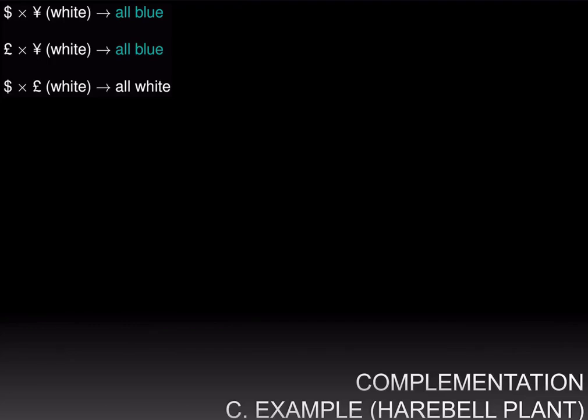So when we cross the dollar and yen strains, we get all blue or all wild type individuals, and that means that dollar and yen alleles complement, which from our preceding discussion implies that they are separate genes.